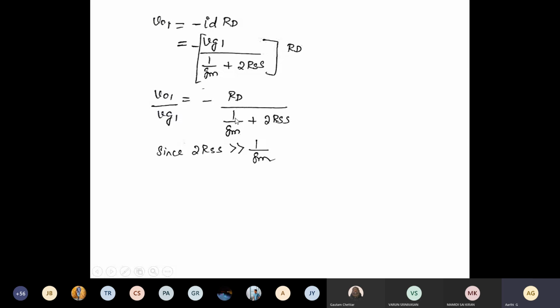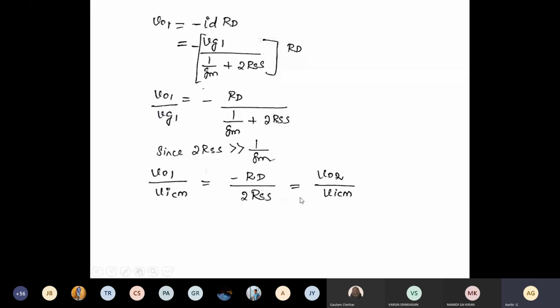So we are left with minus RD by 2 RSS, which is the gain expression. But in some cases we may consider the effect of the transconductance, and then you have to use the total expression for the gain calculation. Otherwise, minus RD by 2 RSS is the common mode gain for both the transistors.